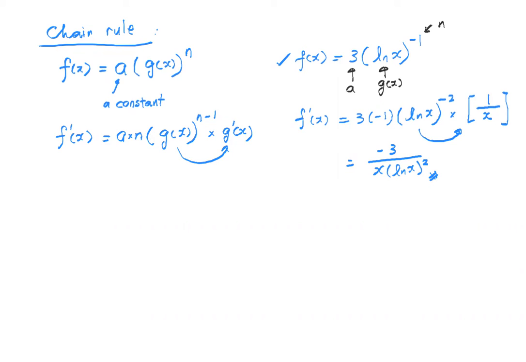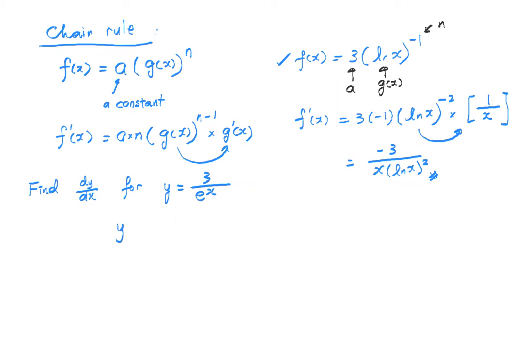You tell me, okay, for example, this one. Find dy dx for y equal to 3 over e to the power of x. Should I use chain rule? No. Why?